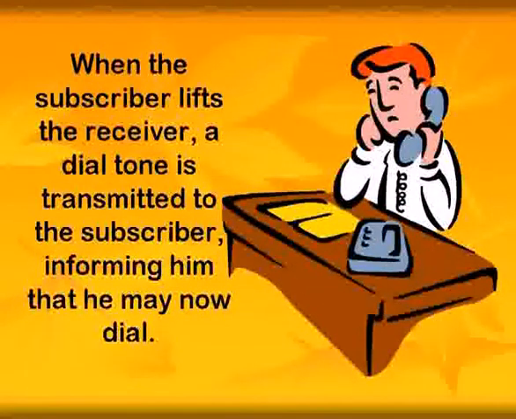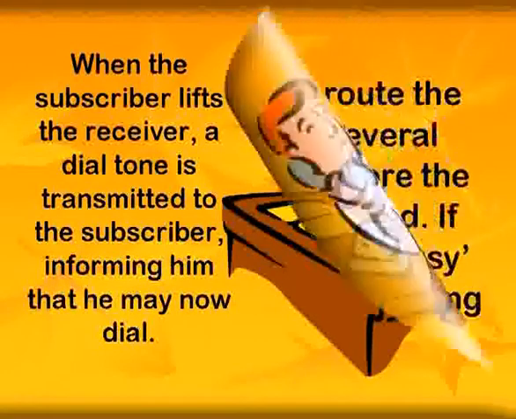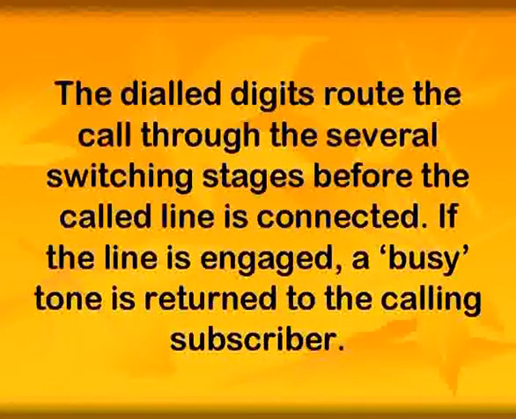Operations. When the subscriber lifts the receiver, a dial tone is transmitted to the subscriber, informing him that he may now dial. The dialed digits route the call through the several switching stages before the called line is connected.